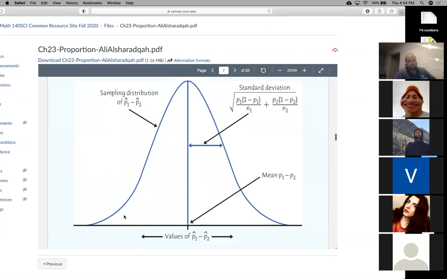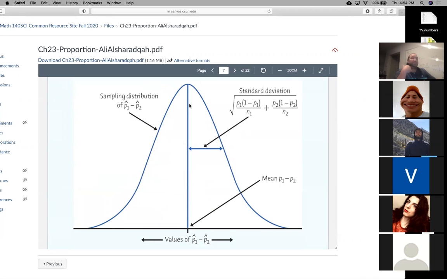And like before, we're working under the assumption that we're dealing with a normal situation, which means that as the n's get larger, they're in the denominator, so we get a narrower distribution, which is how we hone in on the true value.